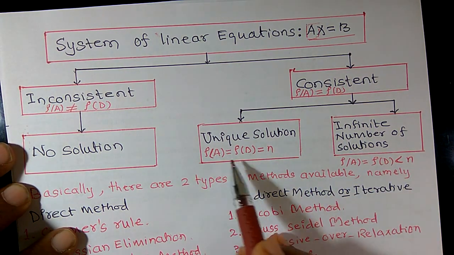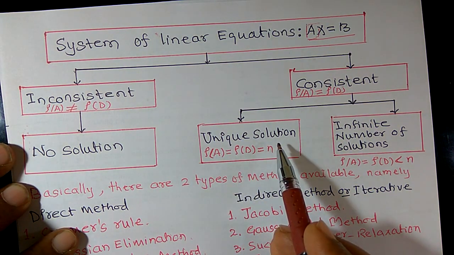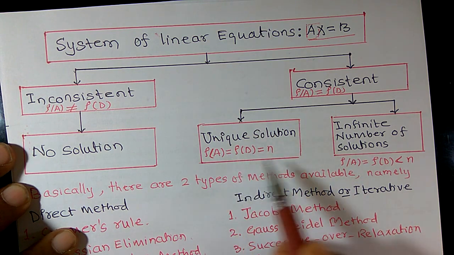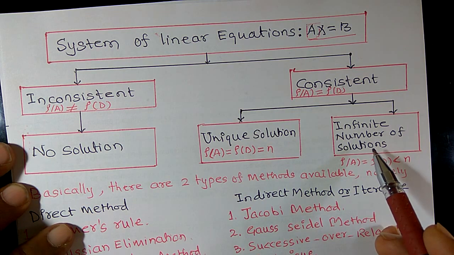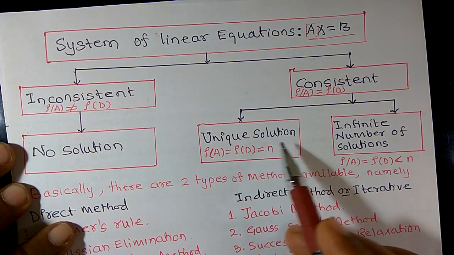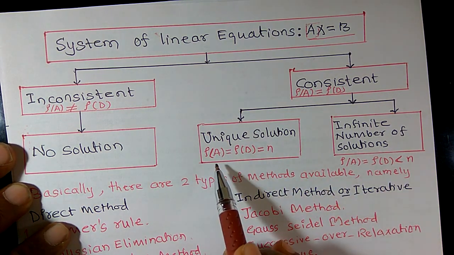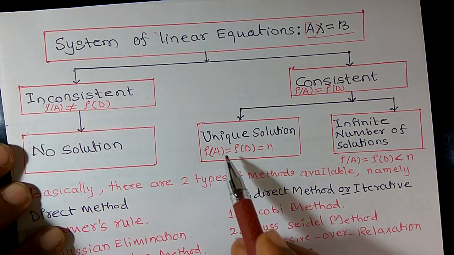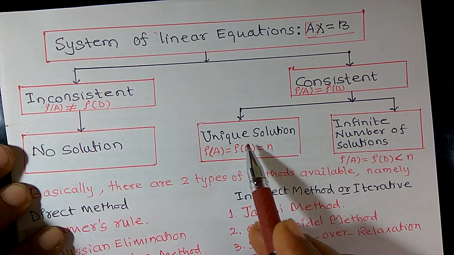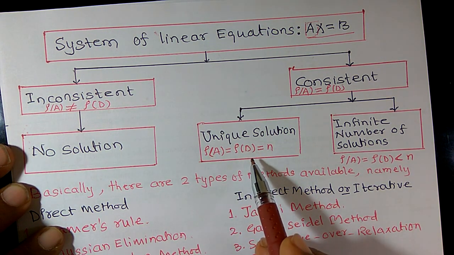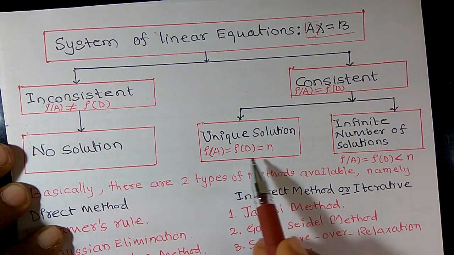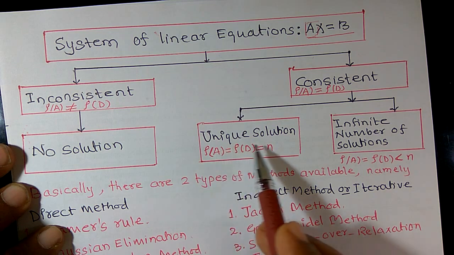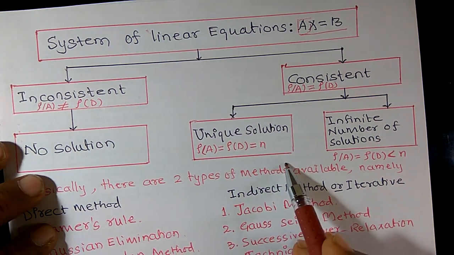There are two possibilities. One is a unique solution, and sometimes we may get infinitely many solutions. When do we get a unique solution? It is very simple. We verify this condition: the rank of A is equal to the rank of the augmented matrix, and that is equal to the number of unknowns. If it is satisfied, then we get a unique solution.